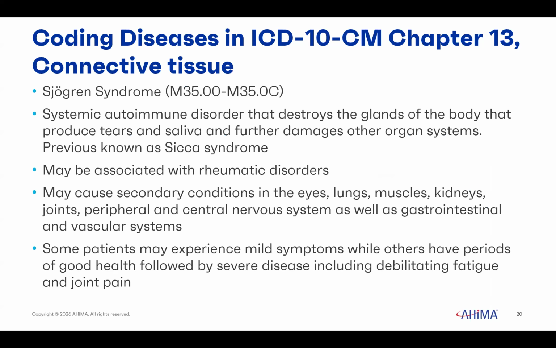And Sjogren syndrome, truthfully, I have not seen it in a paper or electronic health record. I do know of the codes M35.00 through M35.0C. And this is a systemic autoimmune disorder that destroys glands of the body that produce tears, saliva, and damages other organs. Sicca syndrome is another term that I have seen once in a while, and it's typically associated with rheumatic disorders.